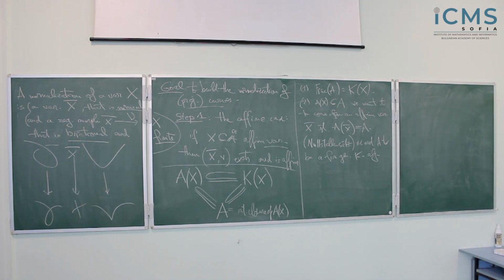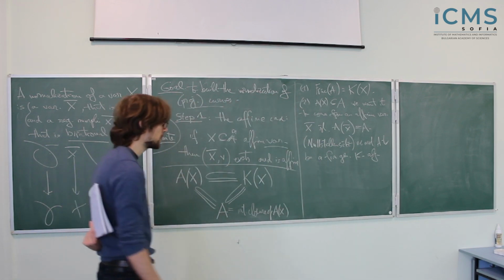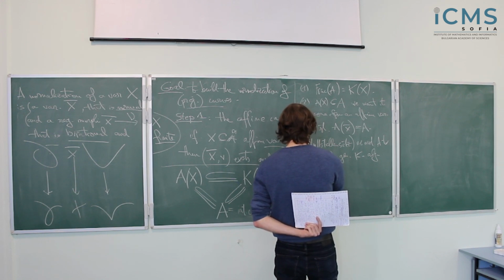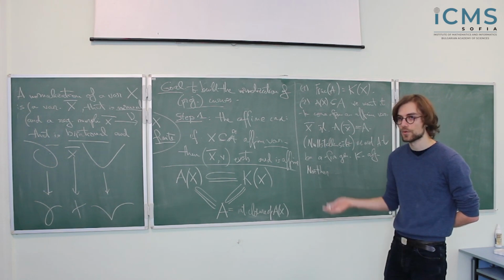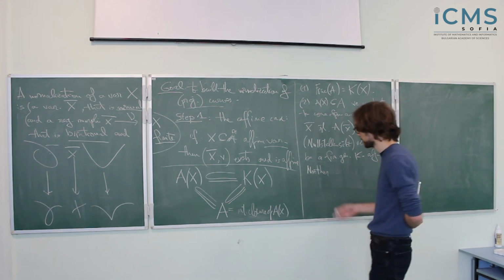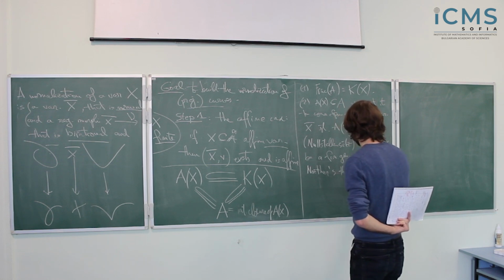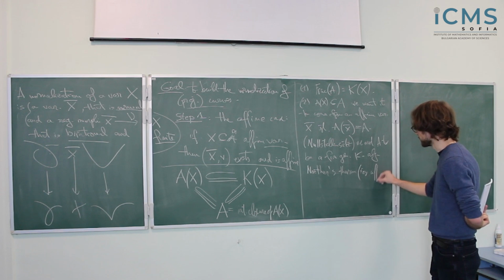Unfortunately, I'll have to use a black box here because the theorem itself would take the rest of my lecture to establish fully. So what I'm going to use is a very celebrated result of Emmy Noether, among most of her results, to be honest. This is called Noether's theorem for affine domains.